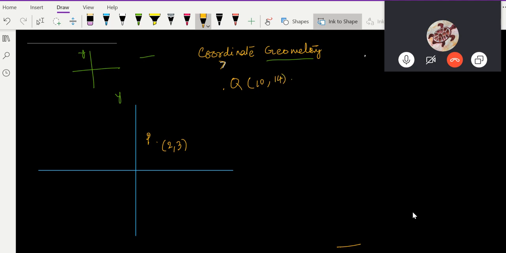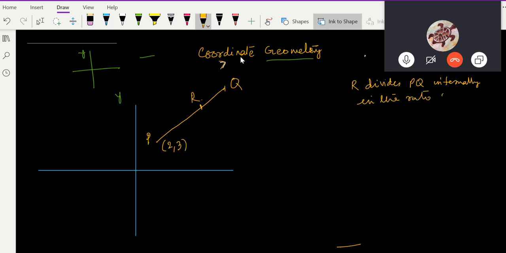R divides PQ internally in the ratio 2:1, and the coordinates of R are 10 and 14. Find the coordinates of Q.